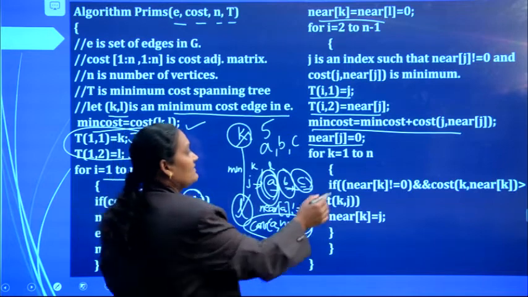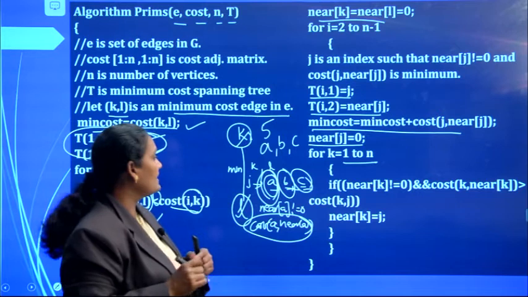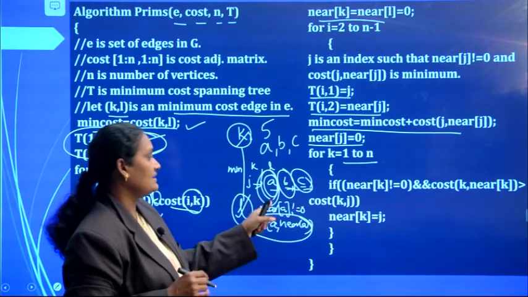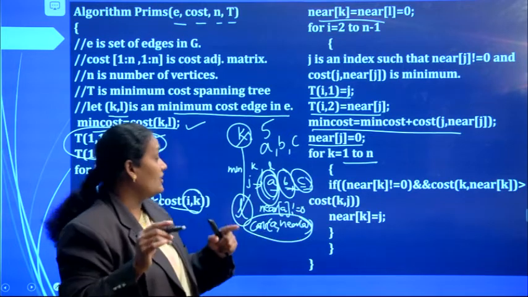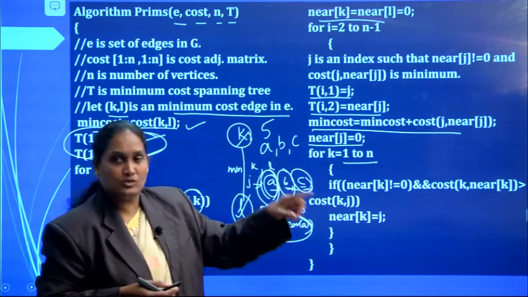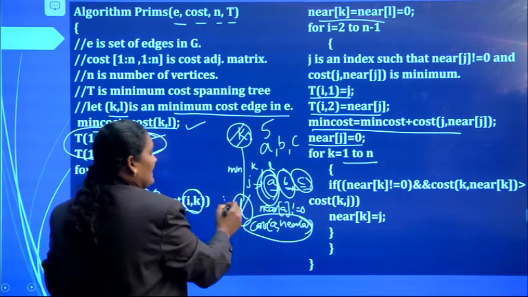And for k is equal to 1 to n, what am I doing? If near of k not equal to 0 and cost of k comma near k is greater than cost of k comma j, then what I am doing here is, now I included j into the spanning tree. I included k, l.